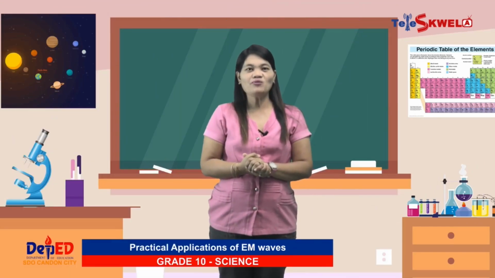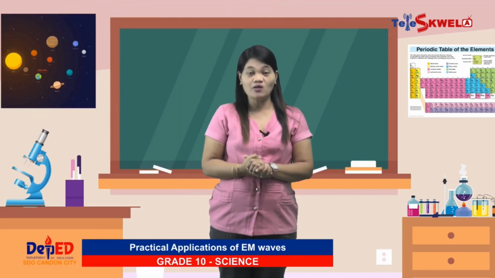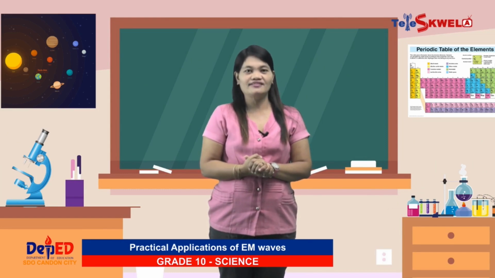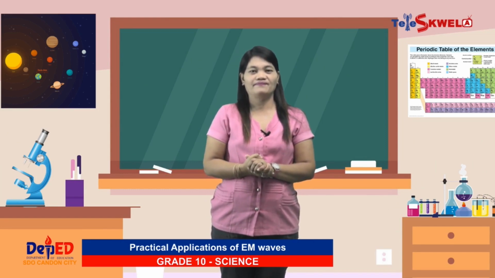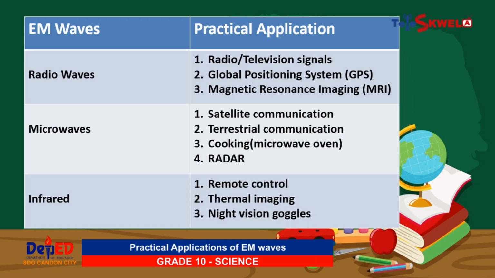That's it. I hope you have learned a lot. Now, to sum up, let us study the table. In today's episode, we have learned some practical applications of radio waves, microwaves, infrared, and visible light. Radio waves are used in radio or television signals, GPS, and MRI.